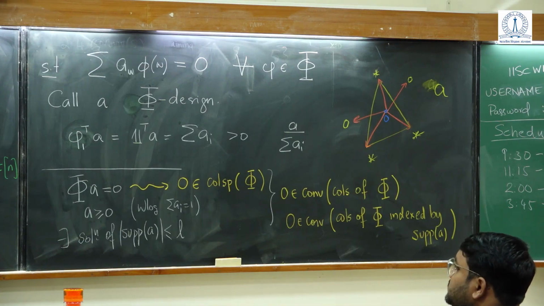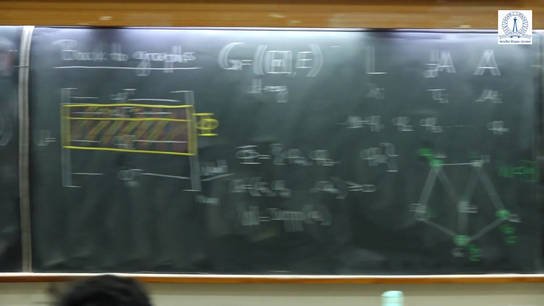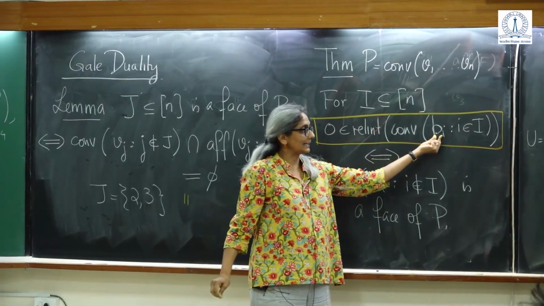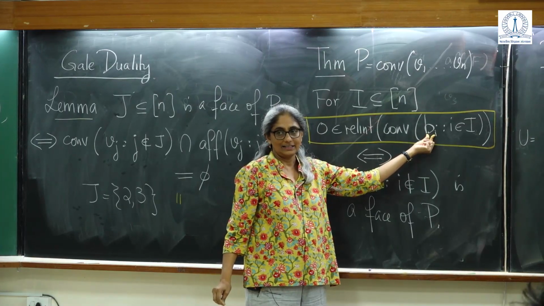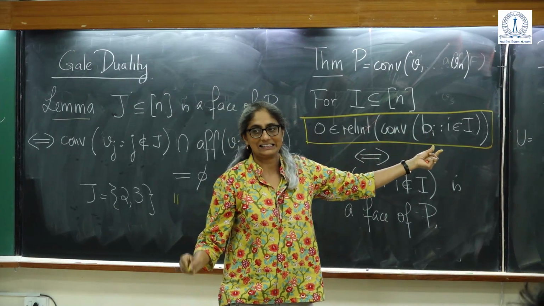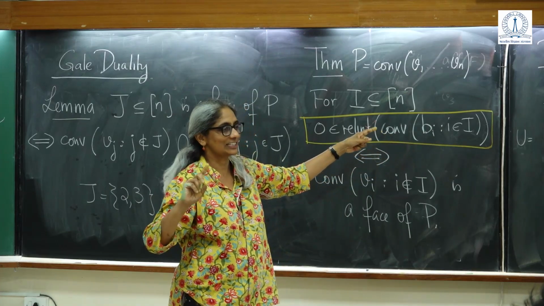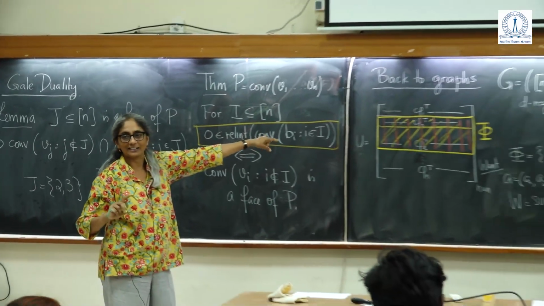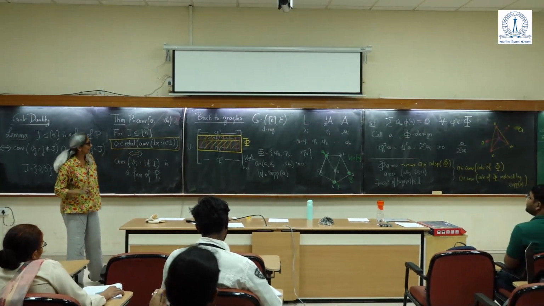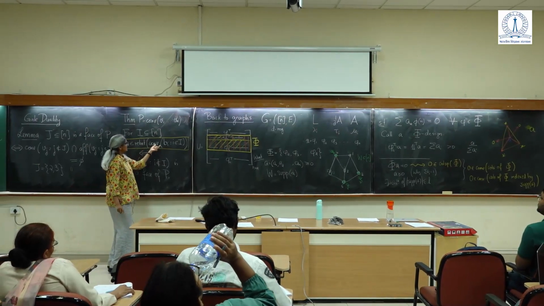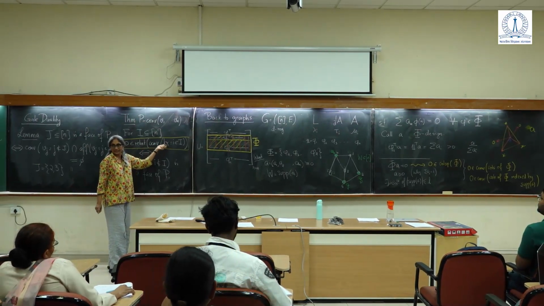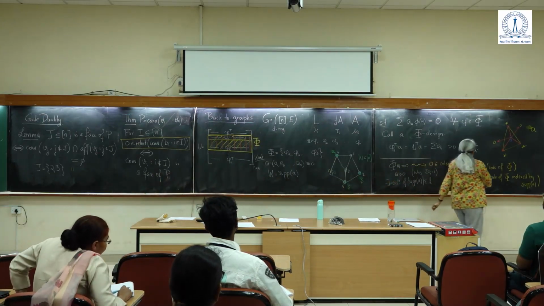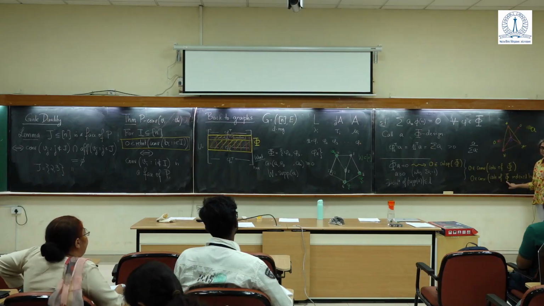So that's this. This is the yellow piece. What role played by B_i here is played by, the row vectors or the column vectors? Yeah, the red column vectors, right? Because this is saying 0 lies in the convex hull of some B_i, and we just said that being a design is the same as being in the convex hull of the columns of the phi matrix.